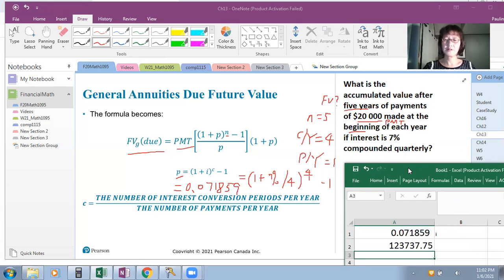Looks fine. Press enter, and you get this future value here.